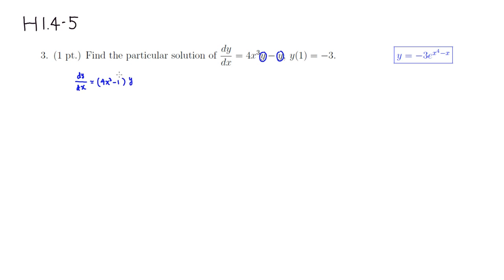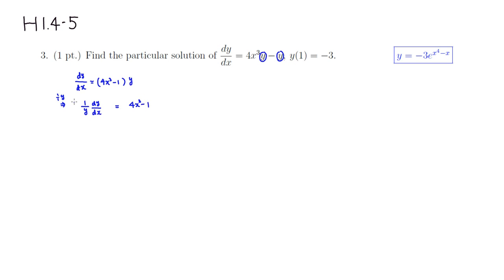Alright, so I'm going to try to put all the y's on the left-hand side and all the x's on the right-hand side. So I'm going to divide through by y. So we get 1 over y times dy over dx is equal to 4x cubed minus 1.